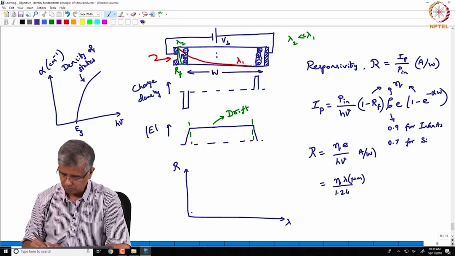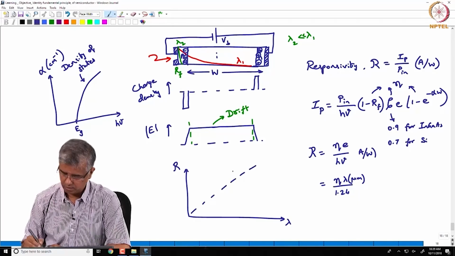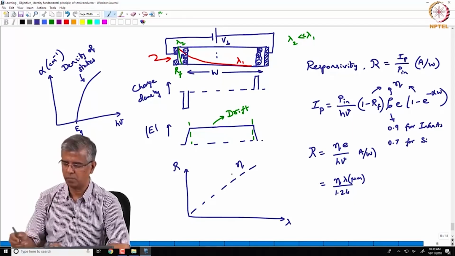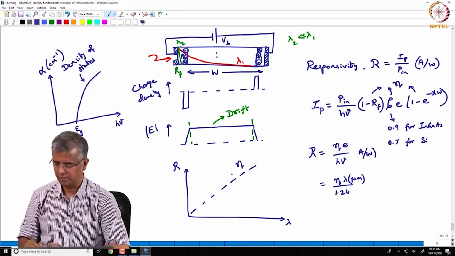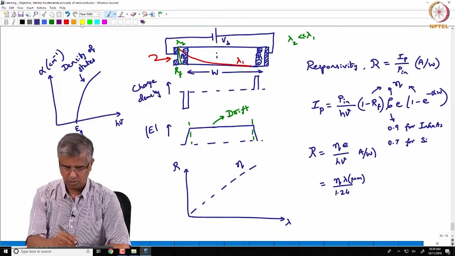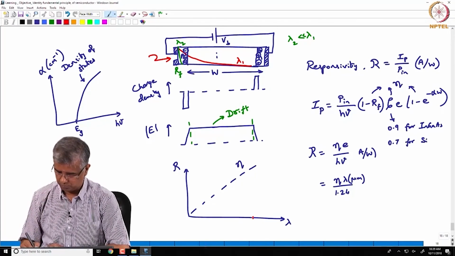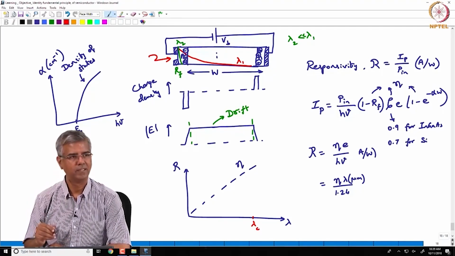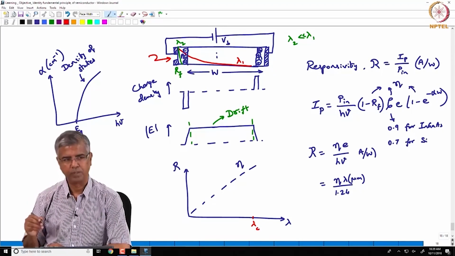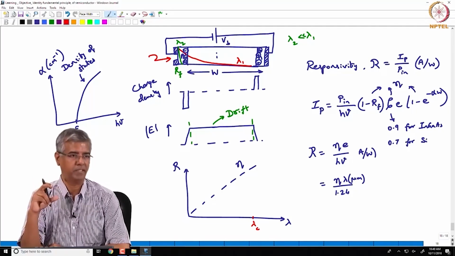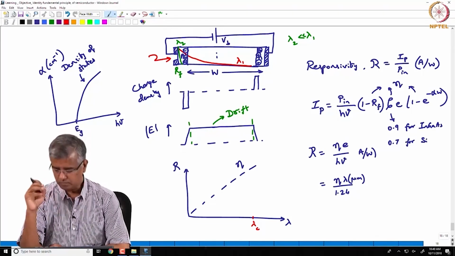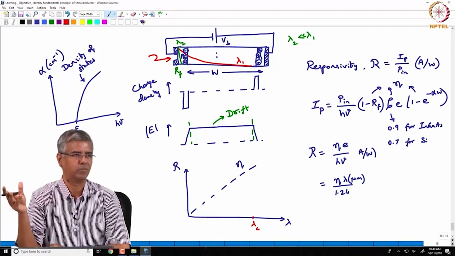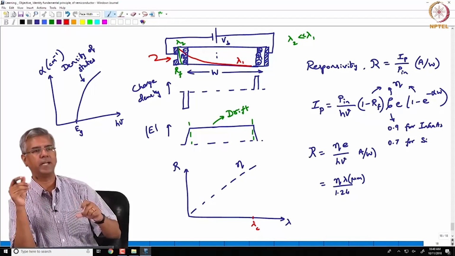So, let us say your eta line is like this. That is going to be guiding your responsivity. So, in terms of the responsivity, what we will find is there is a cutoff wavelength, right, corresponding to the band gap energy. Any wavelength greater than that cutoff wavelength is not going to get absorbed, because the energy is lesser than the band gap energy.